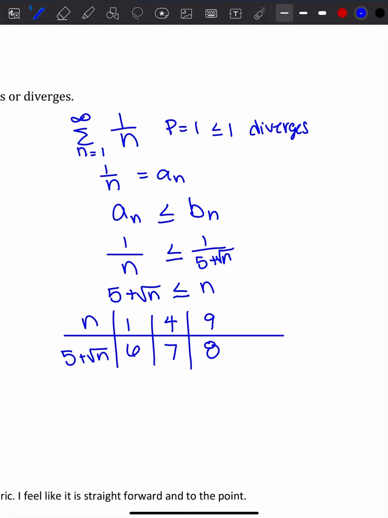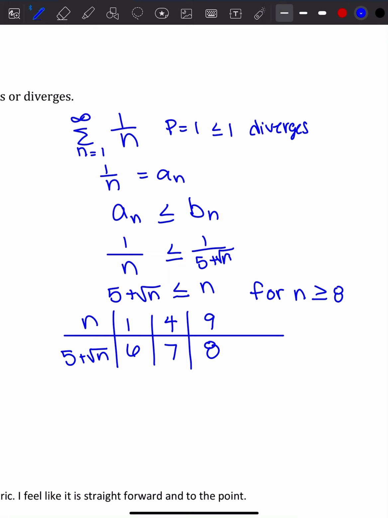And we're going to find out that this is true for values greater than or equal to 8. So this works for n greater than or equal to 8. Because I can go from 8 to infinity, this actually works for us. So as long as we're going from 8 to infinity, and it doesn't switch again, we are good to go.